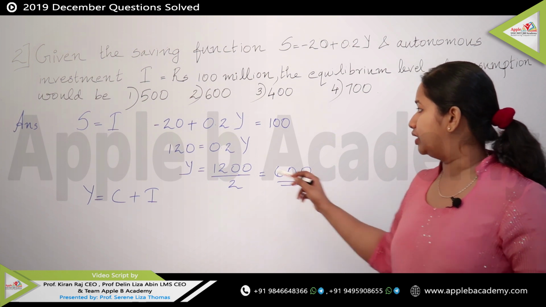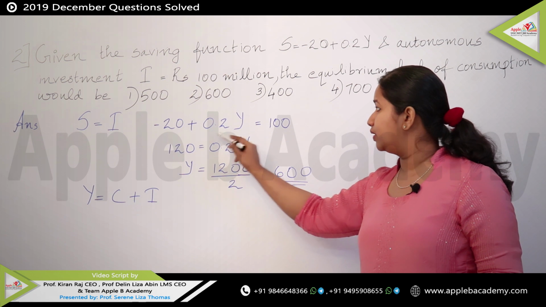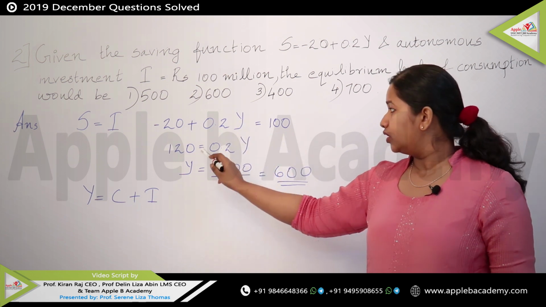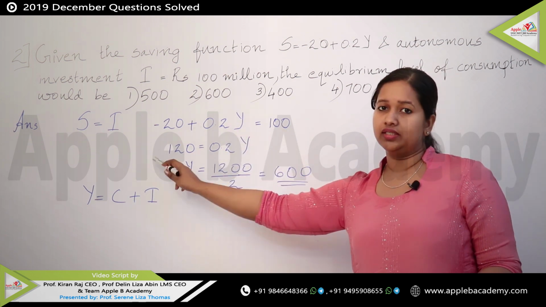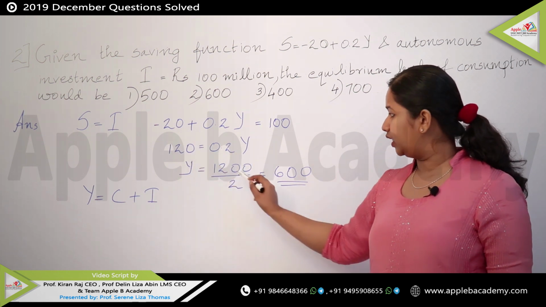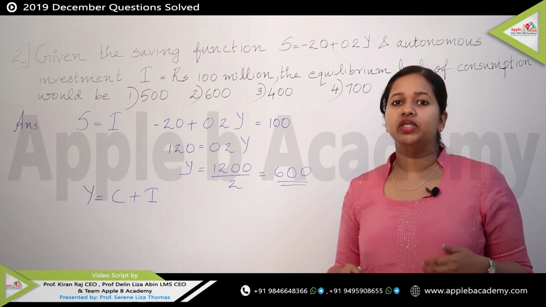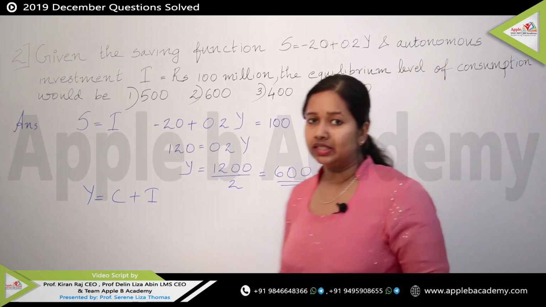From that we find y, or income. So we get minus 20 plus 0.2y equal to 100. Taking this 20 to the other side, 120 is equal to 0.2y, and y equals 120 by 0.2, which is 600. Now we need to find the equilibrium consumption.